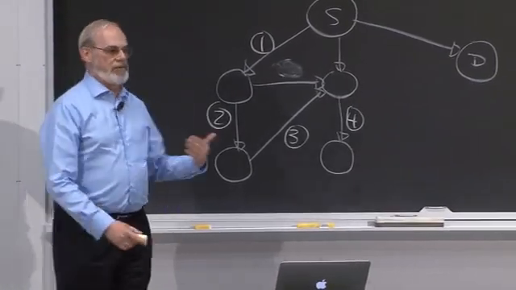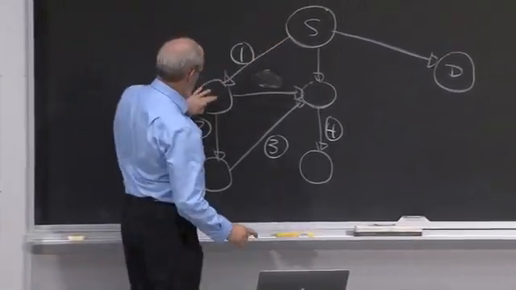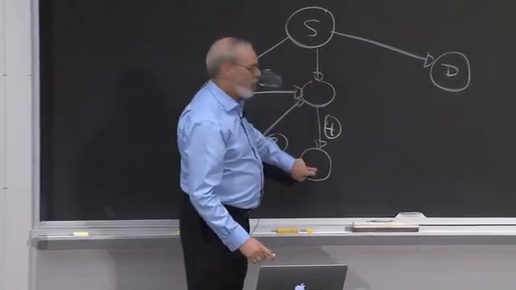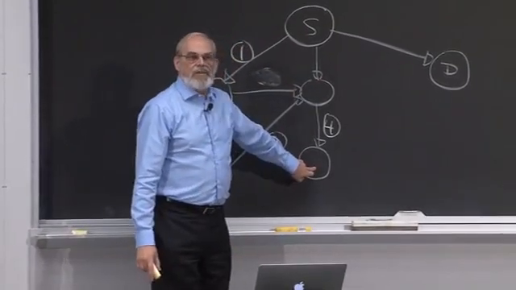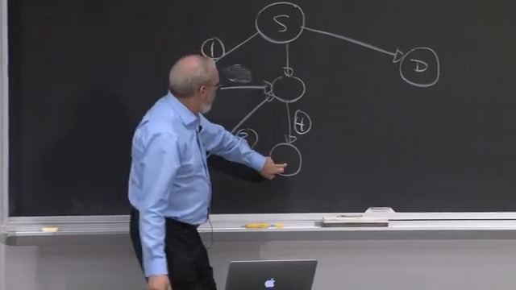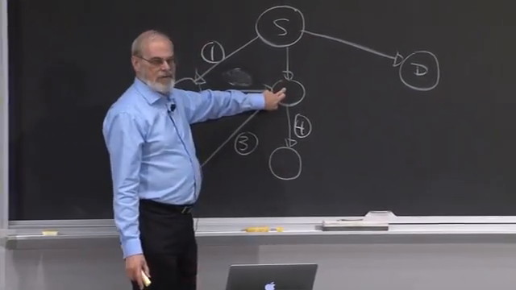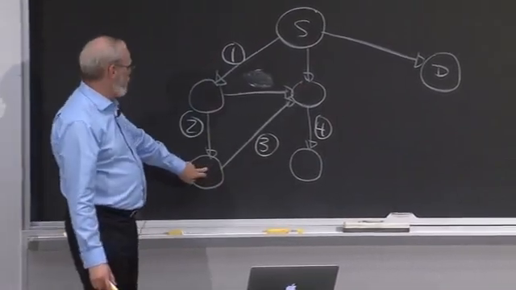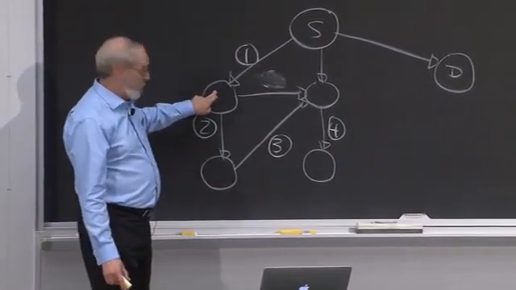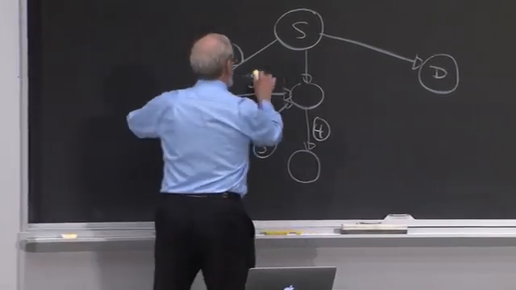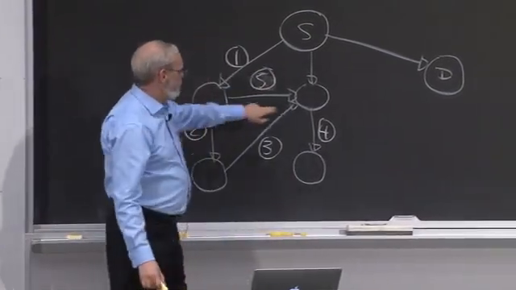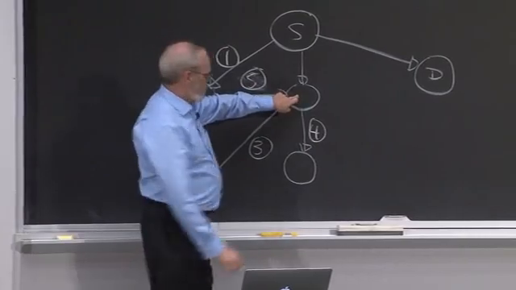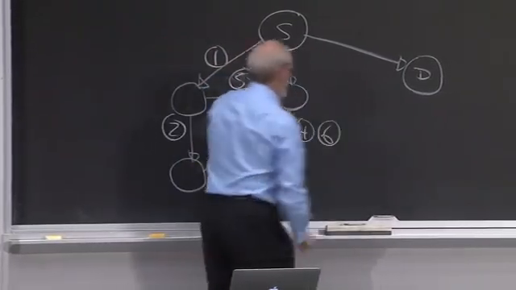I'm going as deep, if you like, in this graph as I can, from here to there, to there, to there, to there. At this stage, I'm stuck. There's no place to go, so I'm going to go back to this node and say, is there another edge? Which in this case, there isn't, so I'll go back to here. There's not another edge. Go back to here. There is another edge, so I'm going to go this direction. And from here, I'll look down there.